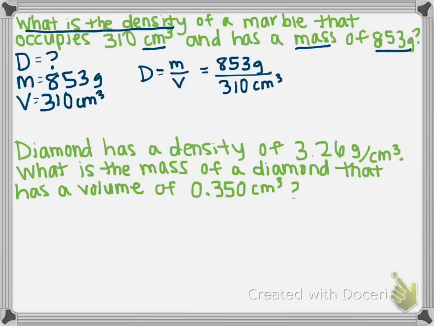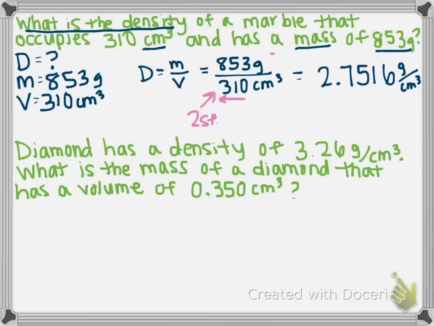If you plug it in, you should get 2.7516, and this is in grams per centimeter cubed. But my final answer needs to have the correct number of sig figs. So we're doing division. We need to look at the two numbers that are involved here. I've got 310. It has 0 decimals in it, so I count in this direction. That has 2 sig figs.